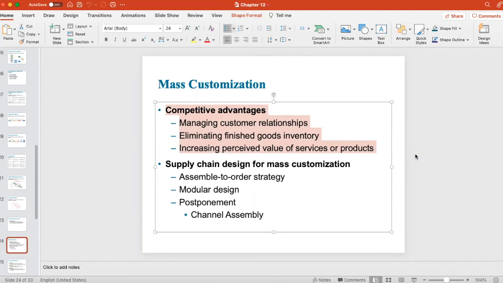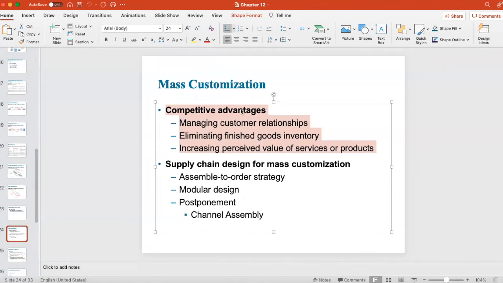Also, it eliminates the finished goods inventory, because the Dell company will not produce finished goods inventory before the customers start to order the specific combination, right? But right after the customer orders this specific combination, they will quickly use their sub-assemblies to get the finished product and deliver it back to the customer, okay? So that won't actually cause some trouble. And the above is pretty much the core idea of mass customization and also how we connect this idea with the supply chain design process.